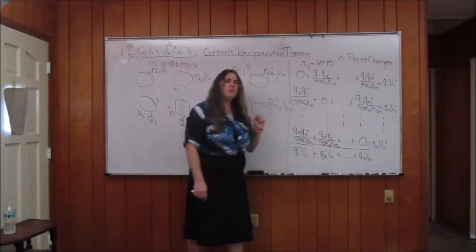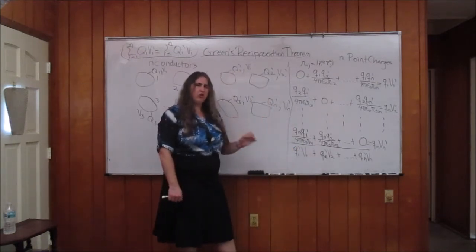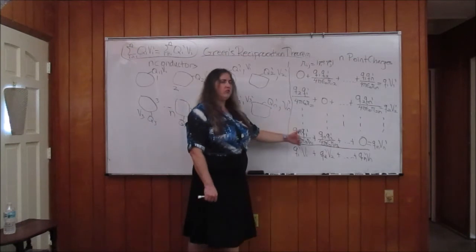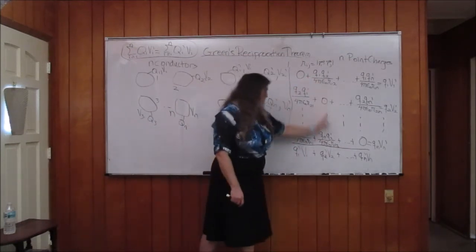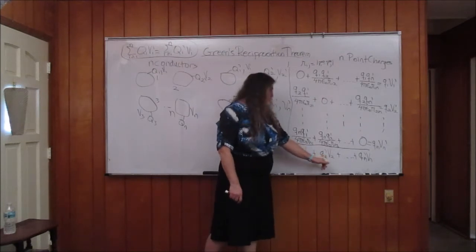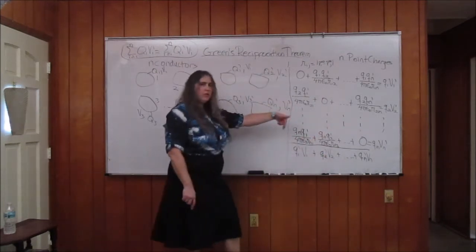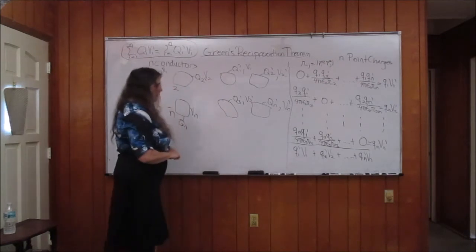That's the potential at point 1, or charge 1, due to all the other charges in the system except for that charge itself. And again, same thing for the second column. It's just going to be Q2 prime times V2 all the way up to Qn prime times Vn.